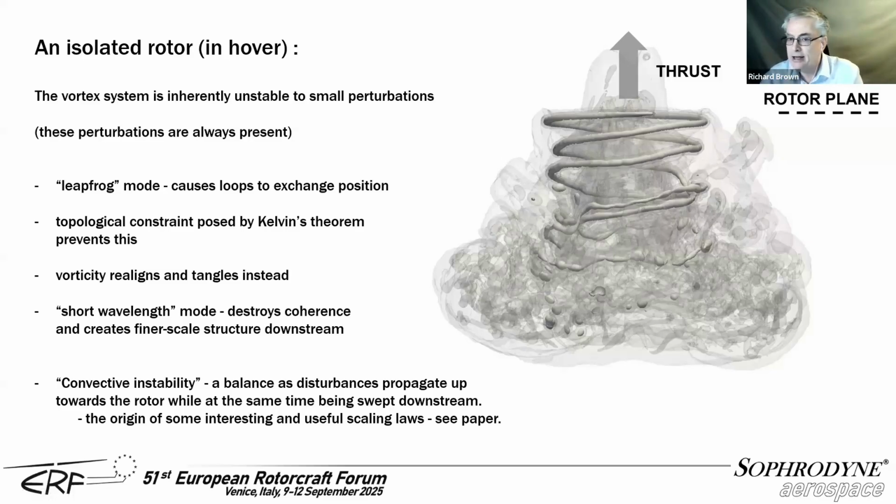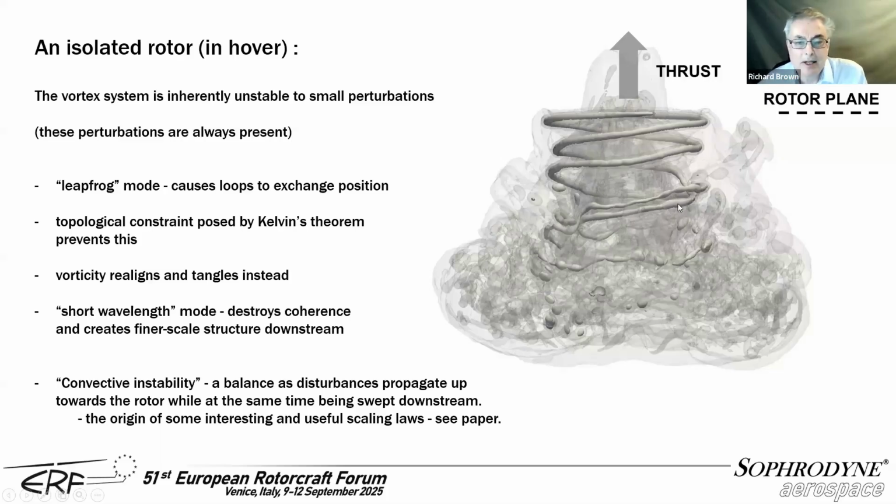But because those are not individual vortex loops, they're actually connected into a helical structure, that imposes a topological constraint. Instead of exchanging properly, they tangle. And in the process of tangling, the vorticity actually has to turn up on its end. You can see what's going on here. These vortices are no longer nicely aligned with the rotor plane, but they're starting to tilt upwards to eventually be aligned with the axis of the rotor itself.